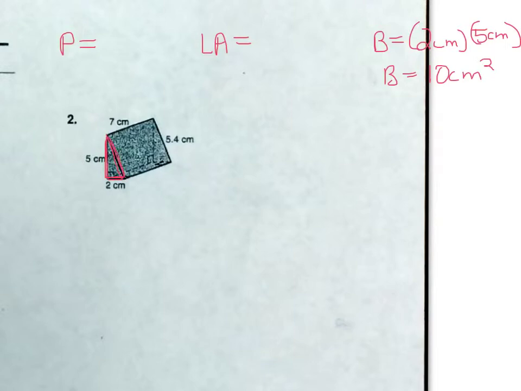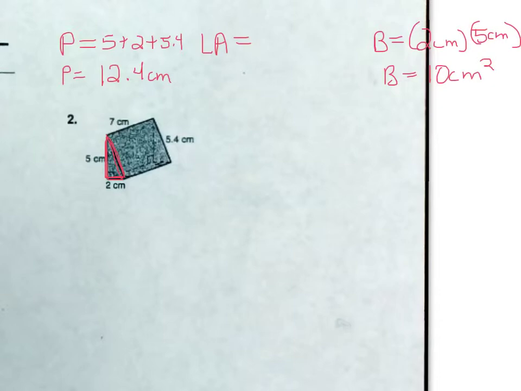So it's 5 plus 2 plus the other side, which is 5.4. So when I add those numbers, 5 plus 2 plus 5.4, the perimeter, you add them up, 12.4, and this is centimeters.